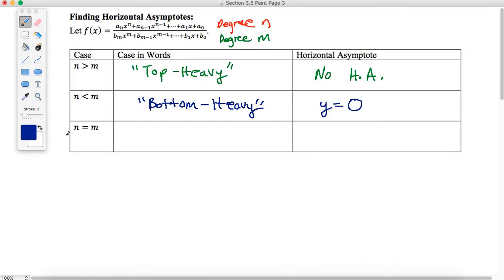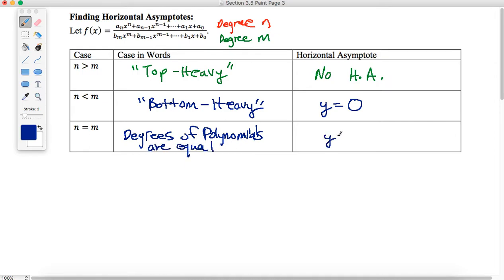Okay. When the degree of the polynomial on the numerator is the same as the degree of the polynomial on the denominator, there's not a top or bottom heavy. We'll just say that the degrees of the polynomials are equal.